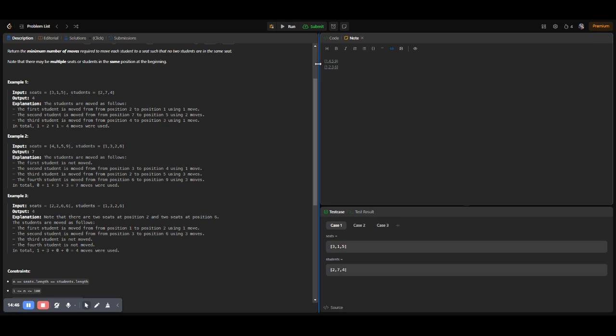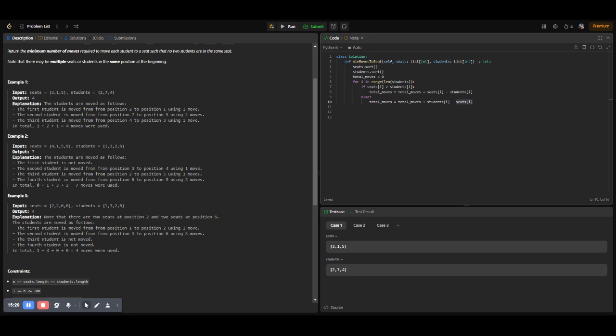See here, for the first student we don't need to move anything because the first student sits at the correct position. The student position is 1 and the vacant seat is also at 1. So he sits at the correct place. But for the second student, the student sits at position 2, but the vacant seat is available at position 4.